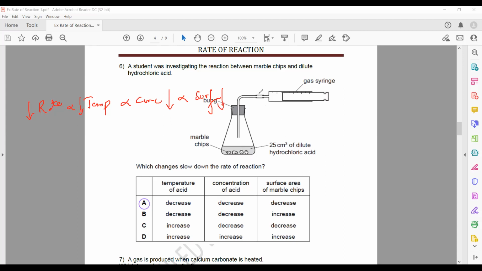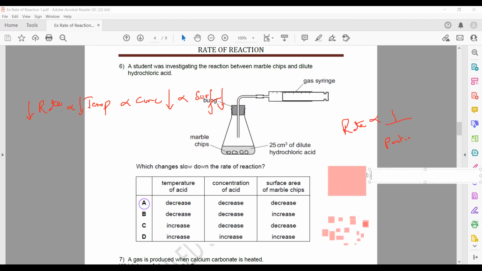If the same question was there with particle size, the rate is inverse, because surface area and particle size are different things. If surface area is small, particle size is larger. For example, for lumps and powder: for lumps we say it has a small surface area, but it has a large particle size.